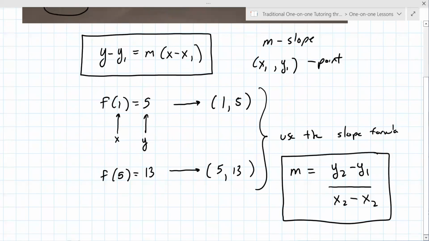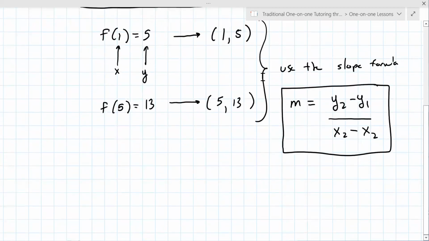Now, for your points, the order doesn't matter. You can say 1, 5 is x1 and y1 if you want, but it also could be 5, 13. That's okay too. But I'm just going to go in order: x1, y1, x2, y2, and you substitute those into this equation over here on the right. So what is y2 in this equation? What's the top number that we need?